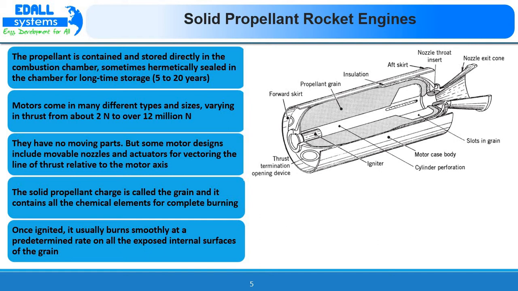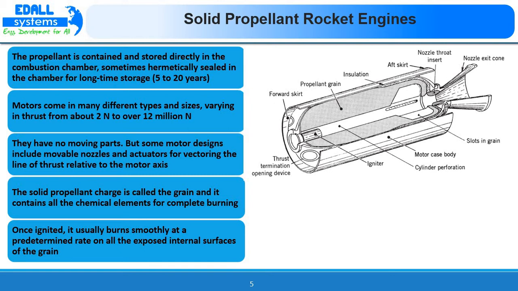The solid propellant charge is called the grain and it contains all the chemical elements for complete burning. Earlier we have seen that liquid propellants have a different fuel and a different oxidizer which are stored separately. But for solid propellants, the fuel and oxidizer are contained within one single solid material, which is called the propellant grain, and which is stored and sealed inside the combustion chamber for many years.